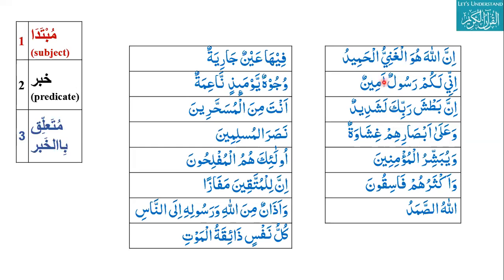Al-Ghani wal Al-Hamid is also Sifa Masuf, but also khabar? No, this is not Sifa Masuf because there is no Masuf here. These are both Sifas. Ghaniyu is also Sifa, Al-Hamid is also Sifa. So we cannot say this is Sifa Masuf. That's right, I agree. Thank you, brother.